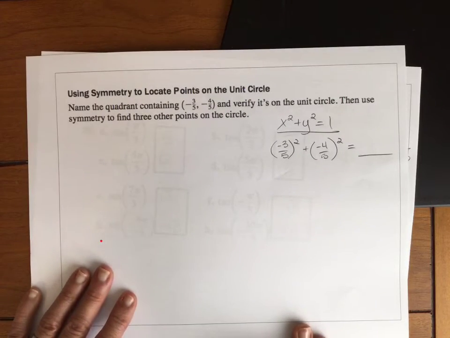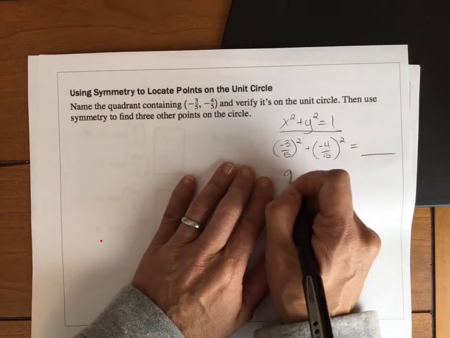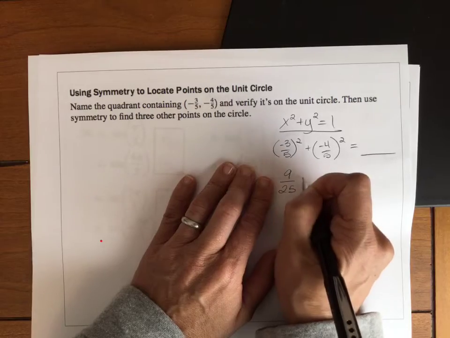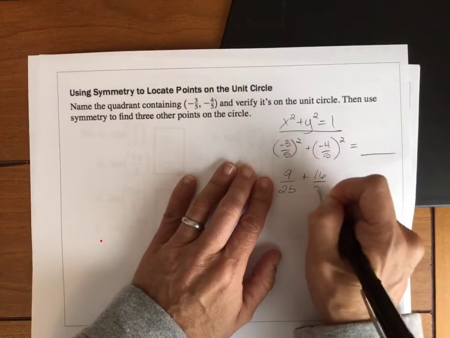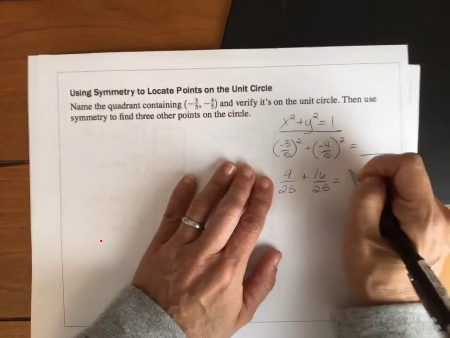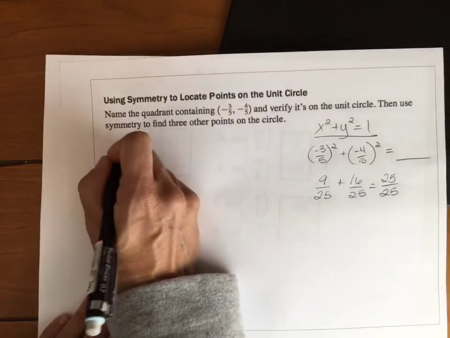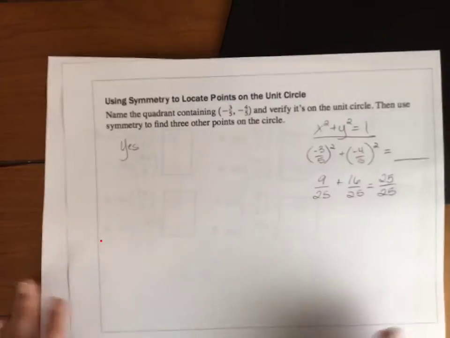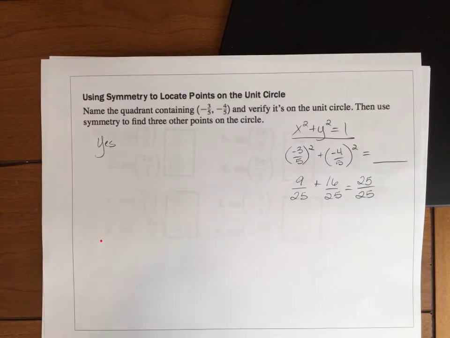It should equal 1 if it's on the unit circle. Negative 3/5 squared is 9/25, and negative 4/5 squared is 16/25. That equals 25/25. So yes, it's on the unit circle.